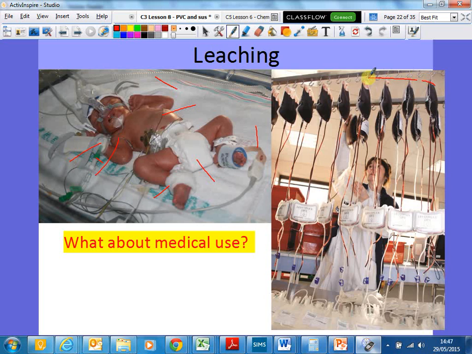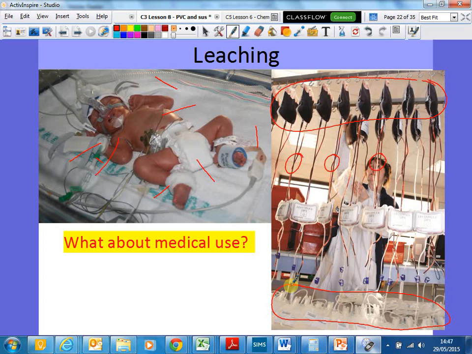All of these blood bags are made of plastic that contains plasticizer. All of these tubes that go to the blood bags are made of plastic that contains plasticizer. And we've got a whole heap of other stuff down the bottom here. And the reason is there is no suitable alternative.